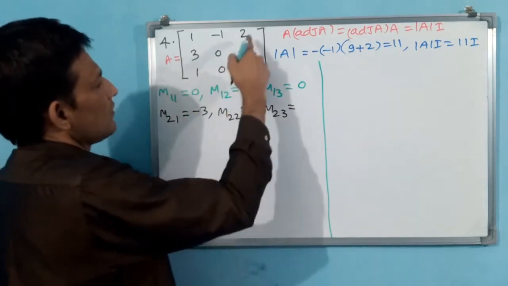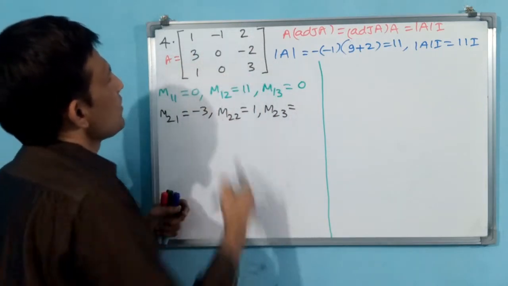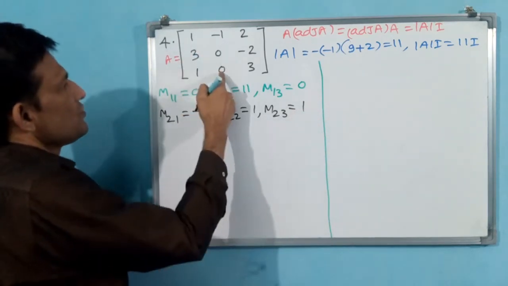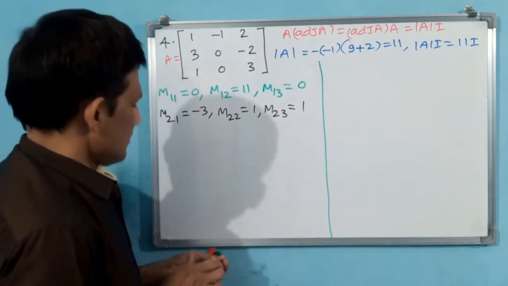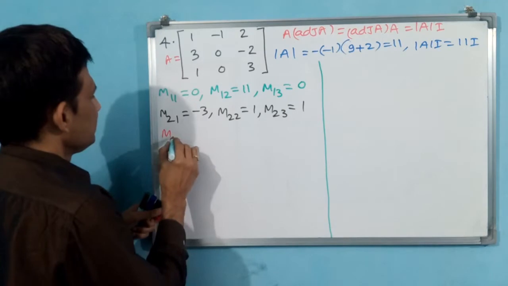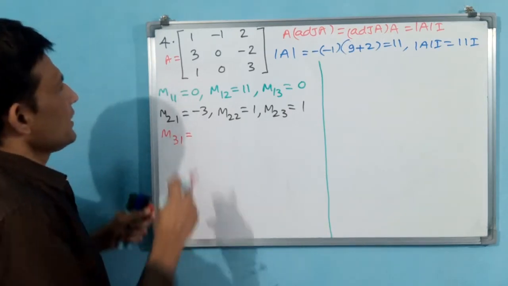Now minus 2 we are closing. M23 means minus 2. If you close it, automatically 0 plus 1, 1. 0 minus of minus 1, plus 1. Okay. That is M23. Write down M31. M31. Okay. M31, 1.